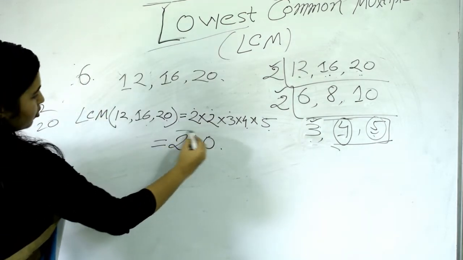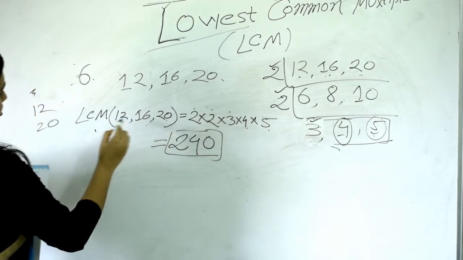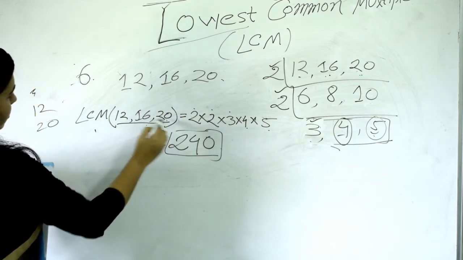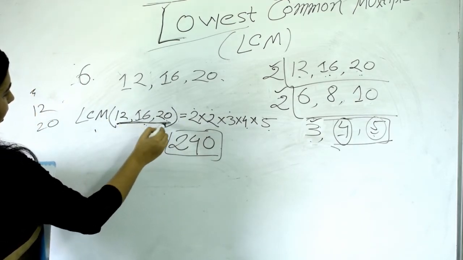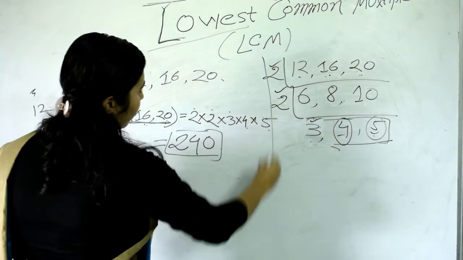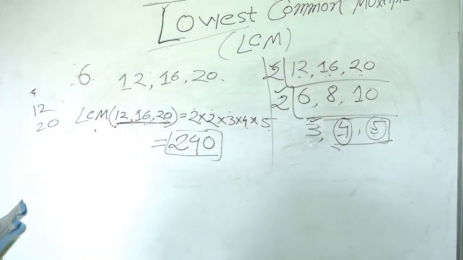So 240 is the least common multiple of these three numbers 12, 16 and 20, and this process is known as the division method.